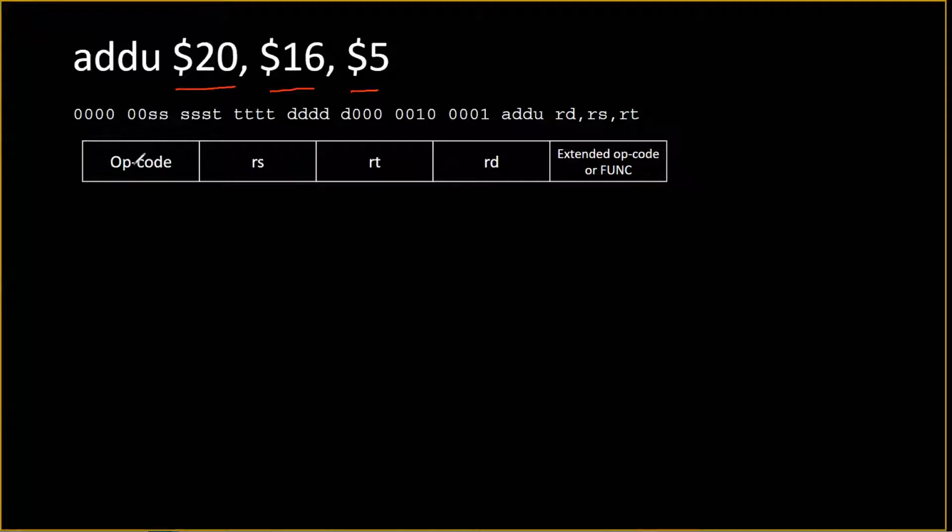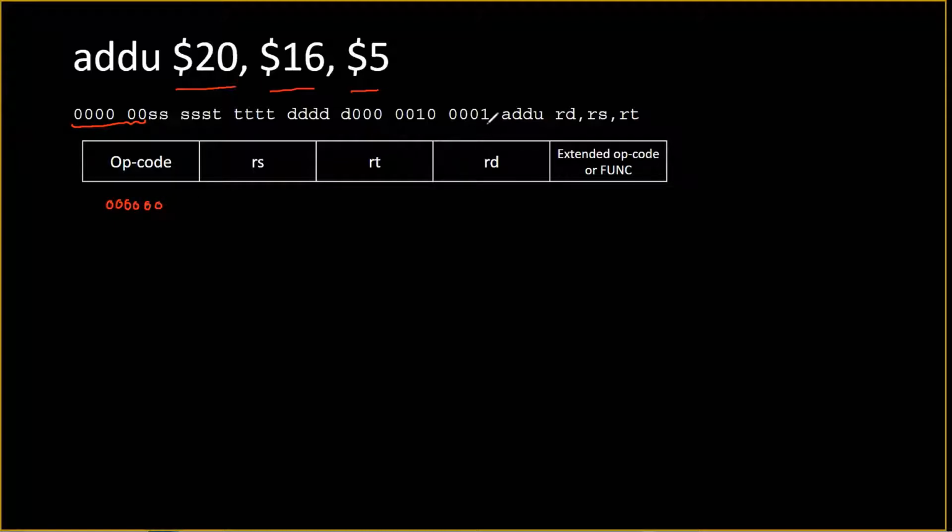Then you start to write each part of the instruction to get to the final 32 bits that the processor would understand. The opcode, or operation code, for this one is basically the 6 bits, and we know that we have zeros. So this is going to be the opcode.